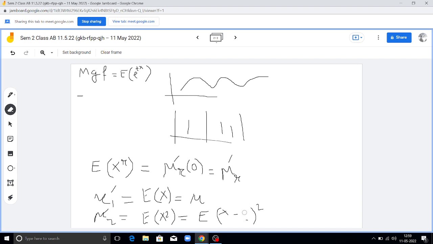Writing x bar here, you may get confused. That is why I am writing expectation of x minus mu whole square. But because of this, there has been an excess, so we cancel mu square from it.